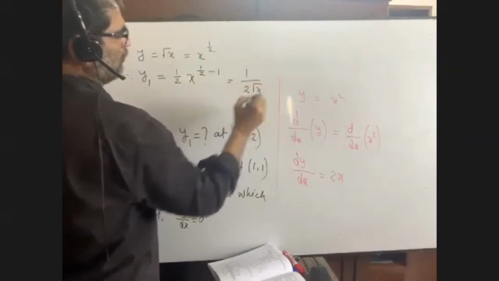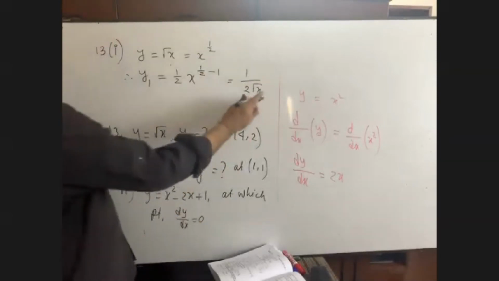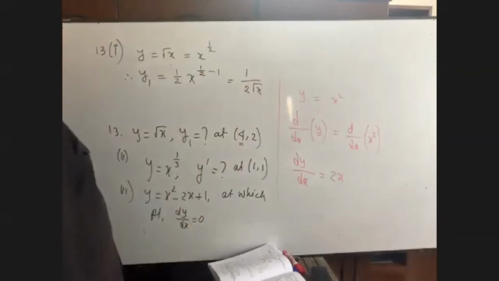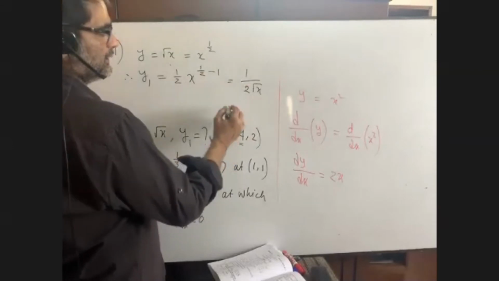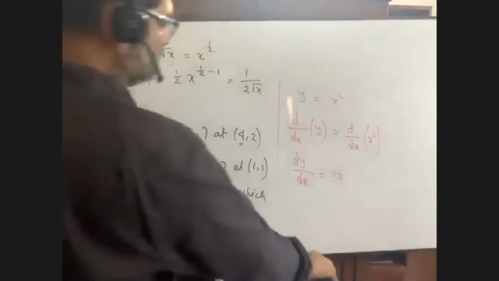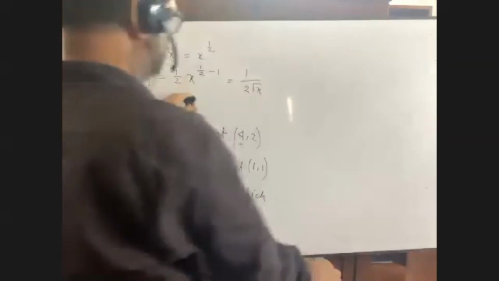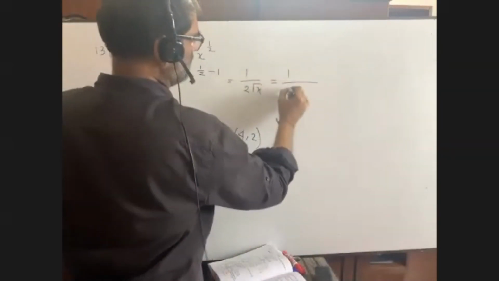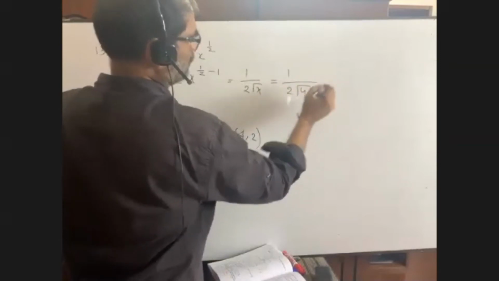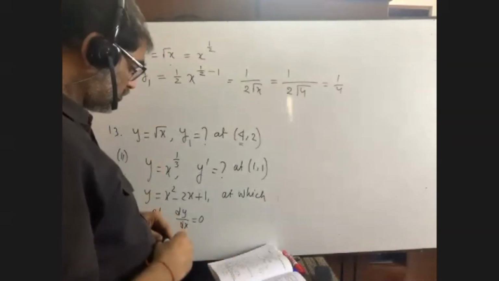Talk to me. Yes, sir. Then what is the value of x here? Put x equals 4. We can write here 1 by 2 root over 4 equals what? 1 by 4. Is it? It was question number 13.1.